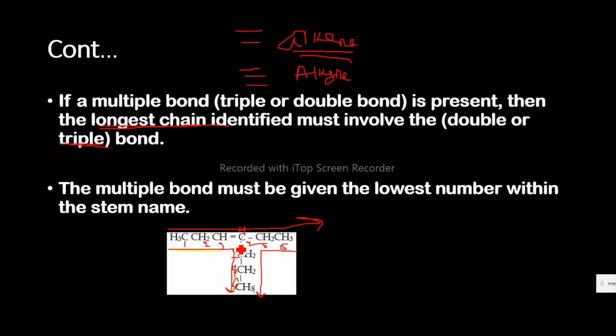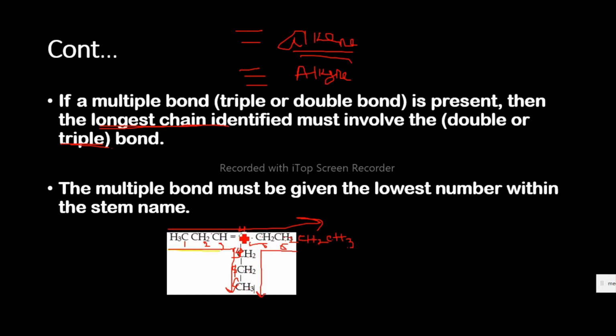But however, even if this was 7, maybe if you have another CH2, assuming this was our longest, and you have 1, 2, 3, 4, 5, 6, 7, 8, and this was our longest chain, you cannot take this chain.